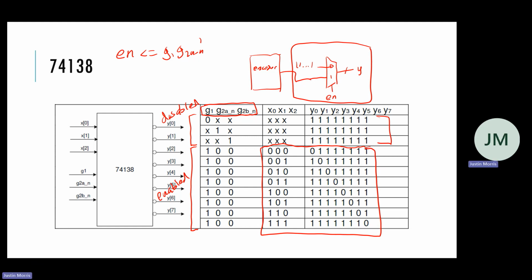What else is true? Yep, and G2BN is also 0. If that's the case, we are enabled and we're selecting 1 on the mux. All of the other cases are covered here, right? That's when we're not going to be enabled. We don't care what the input is, and we output ones. And the other thing is the input X goes here, right? Is that clear?